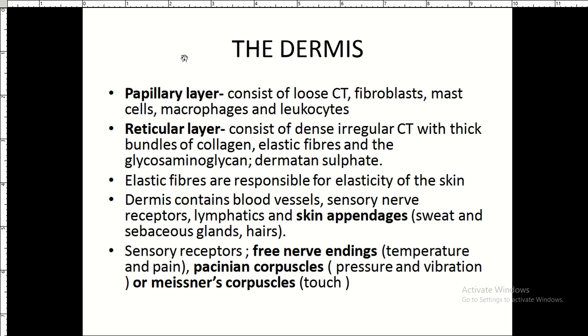That's your sweat glands, your sebaceous glands, and your hair follicles, right? As for the sensory receptors, we have free nerve endings. These just sense temperature and pain. And then we have the Pacinian corpuscle. These are for pressure and vibration. And as for the Meissner corpuscle, they sense touch. So you have to get this in your mind.